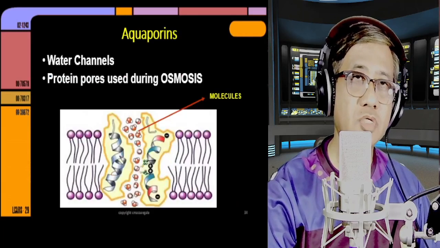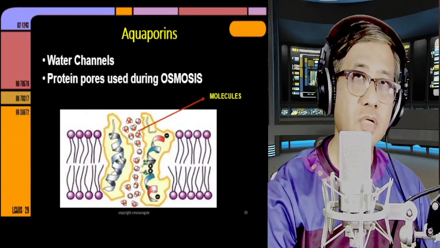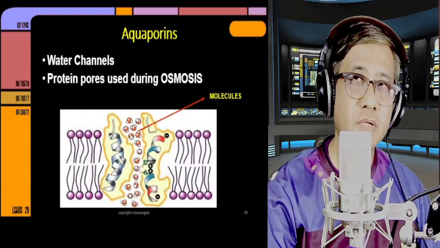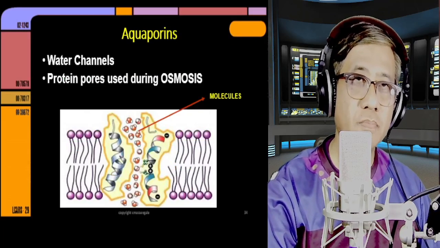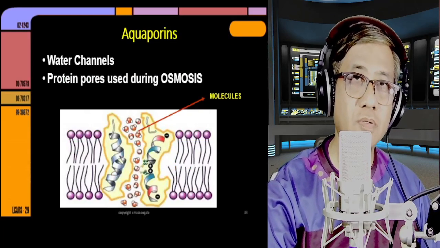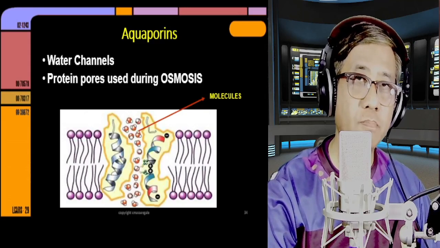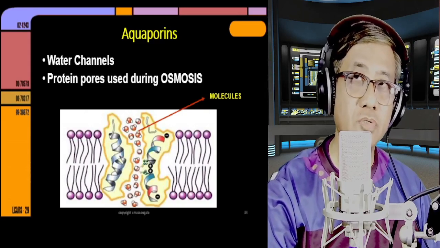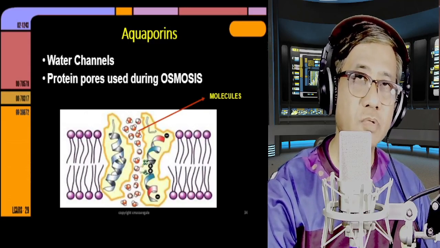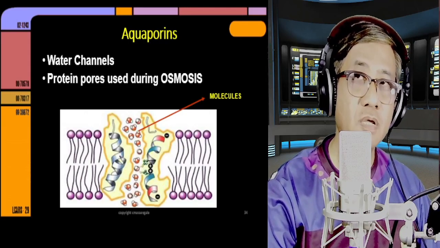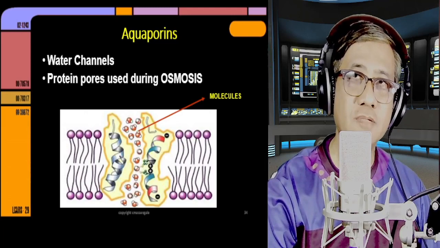So there are special channels called water channels or aquaporins. These aquaporins allow water to enter the cell. These are protein pores, and they are used during osmosis of water. So water enters the cell through these special channels called aquaporins.